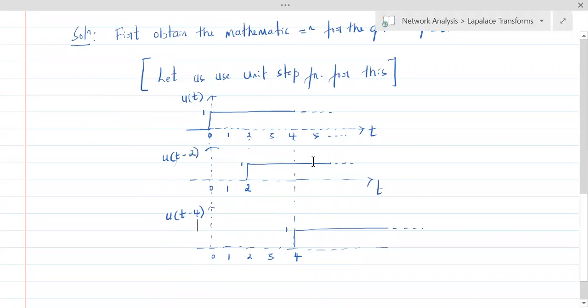So if I subtract u of t minus 4 from u of t minus 2, what will I get? It would be u of t minus 2 minus u of t minus 4. From 2 to 4, the first is 1 and the second is 0. So from 2 to 4, it is 1 minus 0, so you'll have 1.